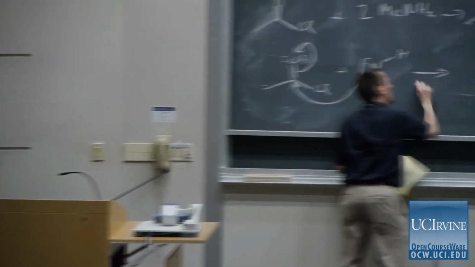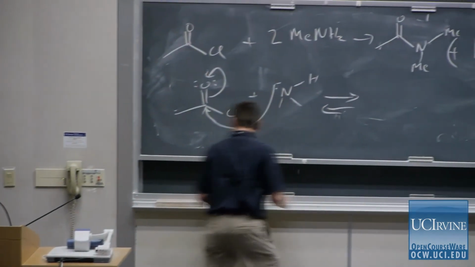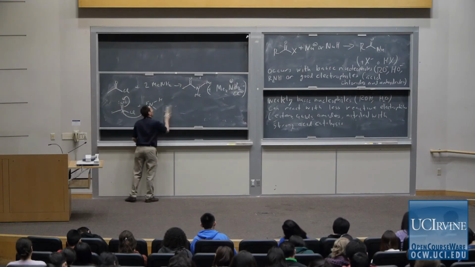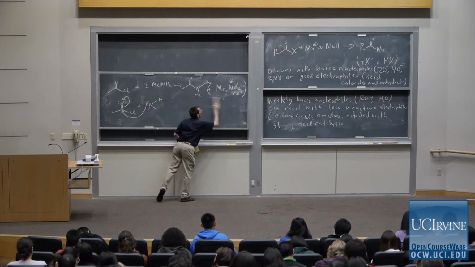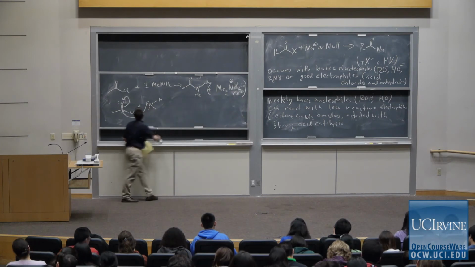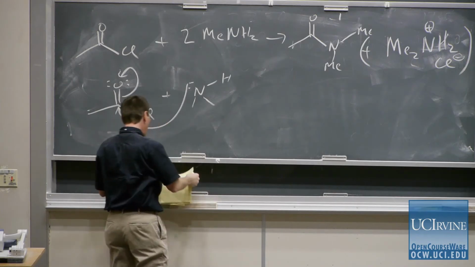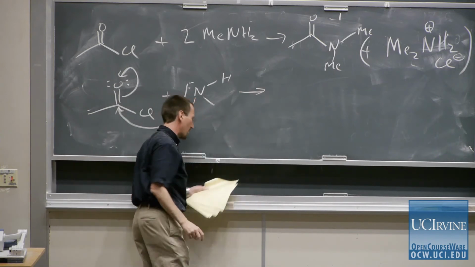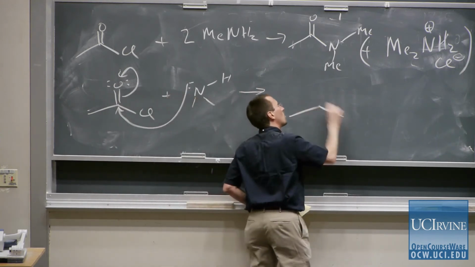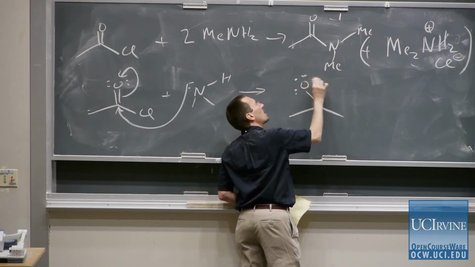We can attack this extra electrophilic carbonyl. And at this point, I'm going to write this as irreversible. And it's always a little bit of a judgment call. I guess I can write the first step as reversible, although honestly, I'm not going to sweat about it. So I'm just going to write this one way. Okay.